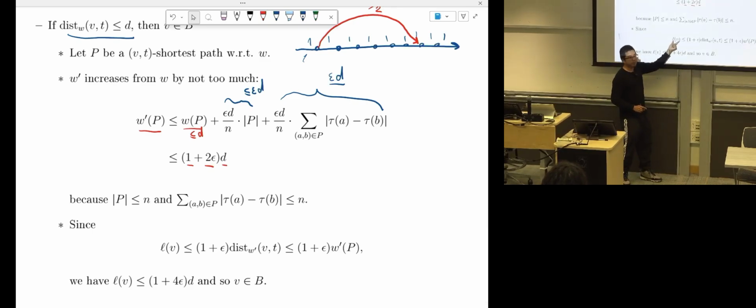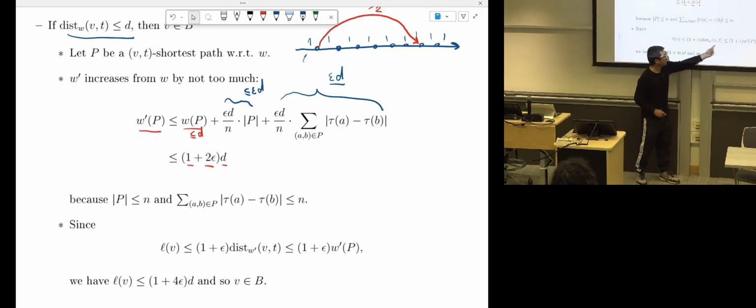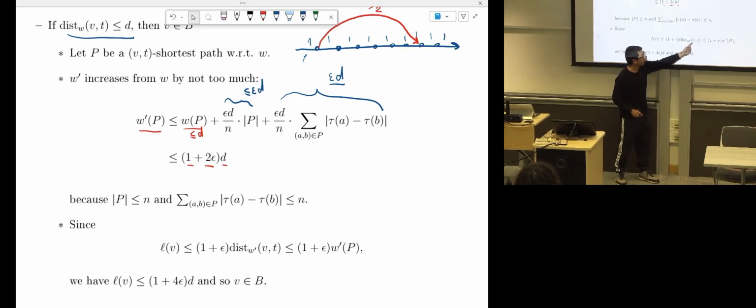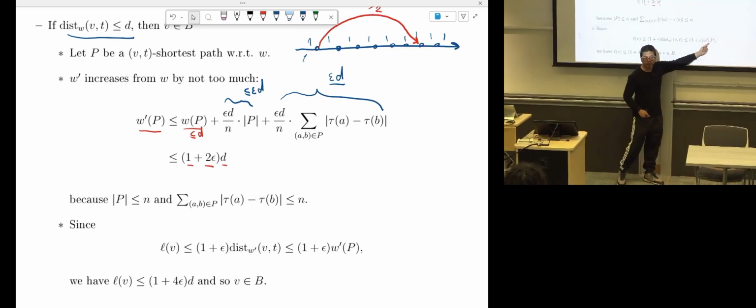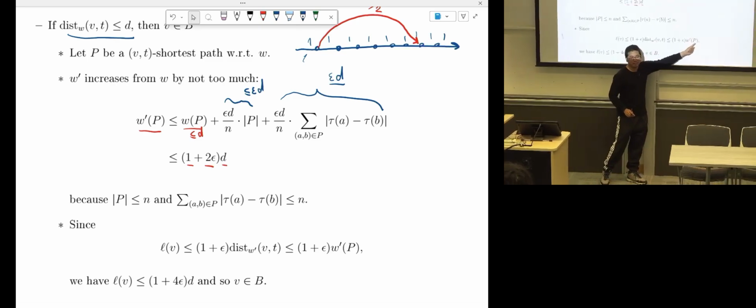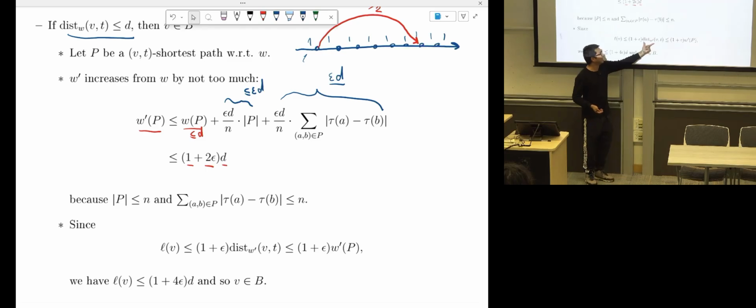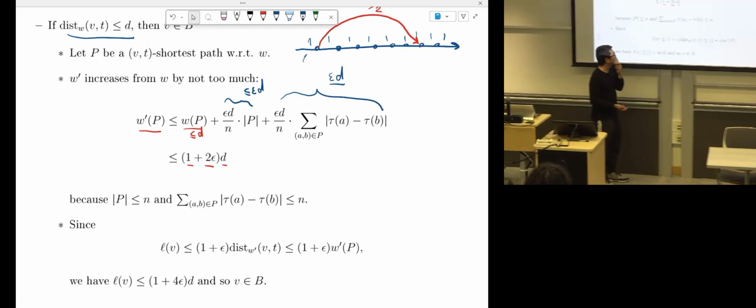So the level of V is at most 1 plus epsilon times the distance with respect to W. The distance with respect to W is at most this one, because this is just some path, the shortest path in W. It's not shortest in W prime, but it's just some path, which is at least the distance in W prime.